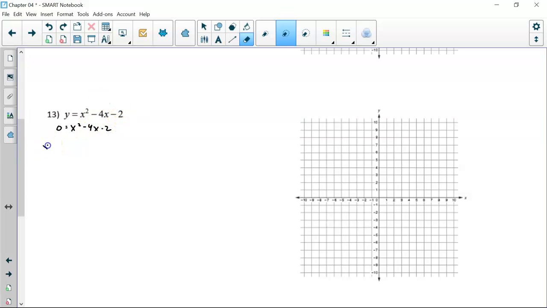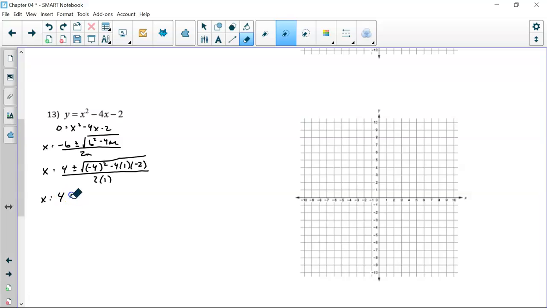So now x equals the opposite of b, plus or minus the square root of b squared minus 4ac, all divided by 2a. I'm going to use my quadratic formula. So I get the opposite of negative 4, so 4, plus or minus the square root of negative 4 squared minus 4 times a, which is 1, times negative 2, all divided by 2 times 1.